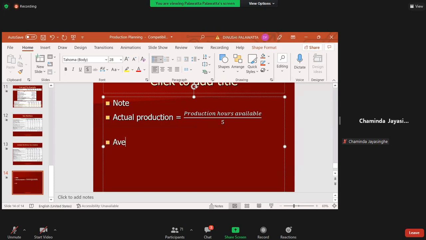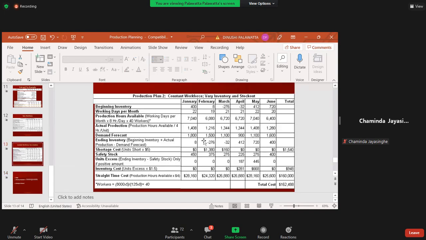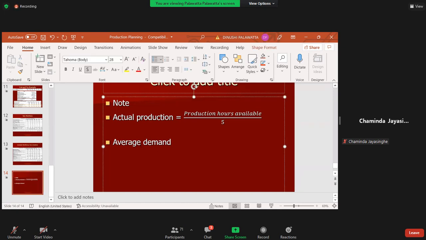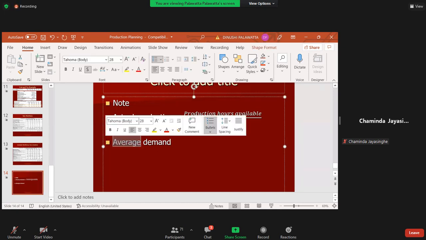Let's say average demand is 1,000 units. Maybe you can take from the demand forecast, let's say in January demand is 1,800.